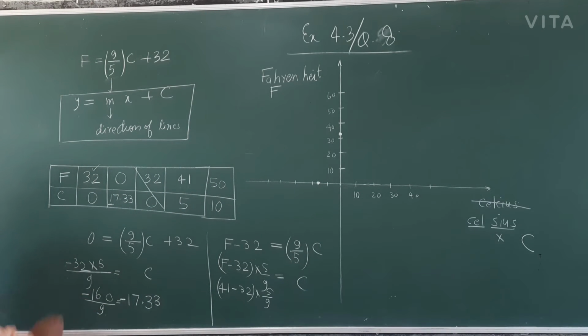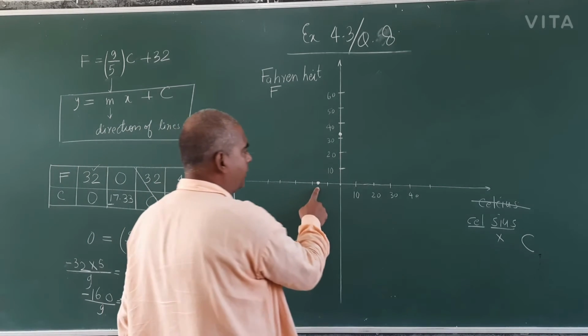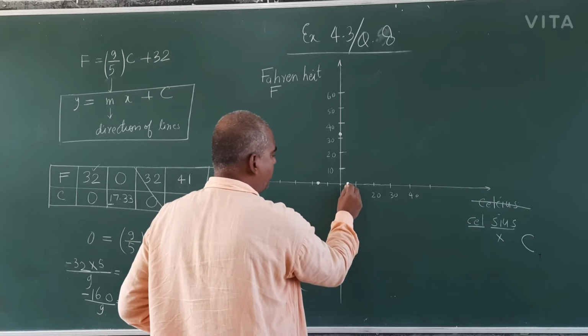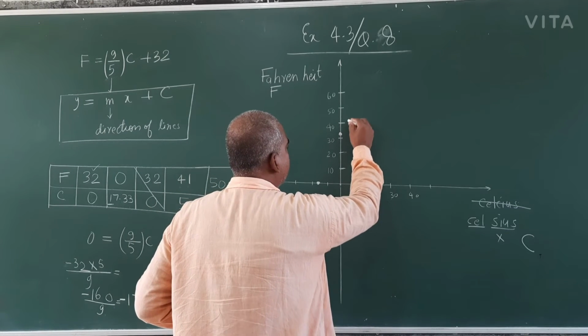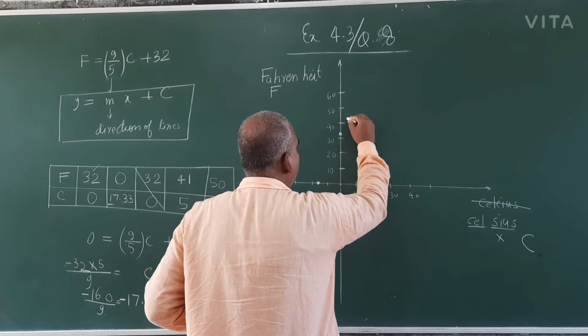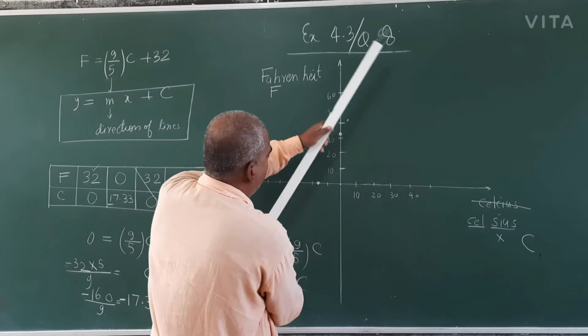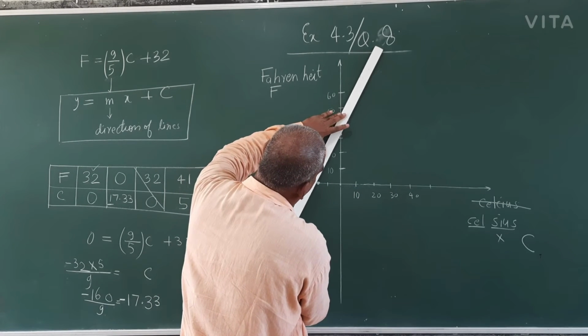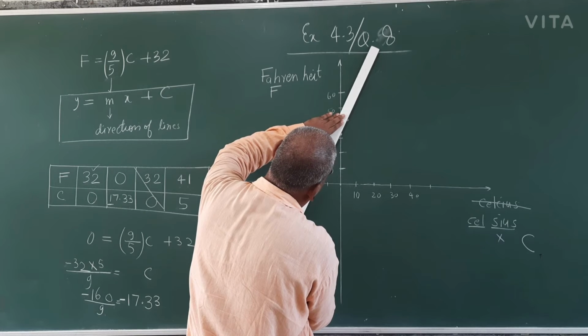This was minus, so I made a mistake with the minus. So minus 17.33. When you take C is equal to 5, it means 41. This is the half and this is the 41. You are observing, this all makes a line.